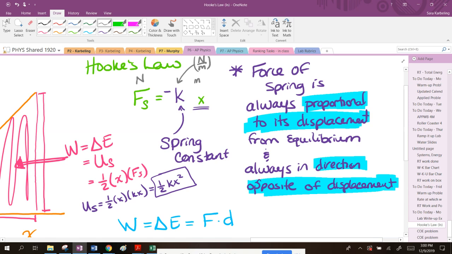So the units of the spring constant are newtons per meter. Newtons per meter times meters squared gives you newton times meter, and a newton meter is a joule. So this is in joules.